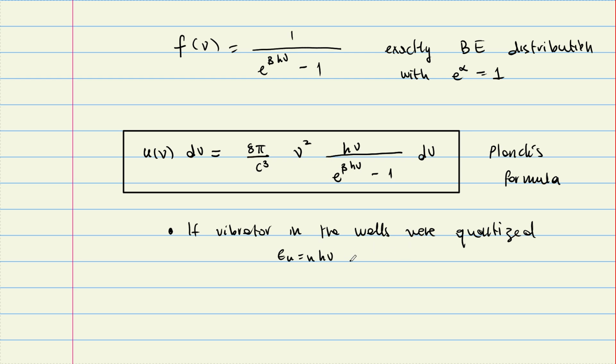We would also have n plus a half. There is this zero point energy, right? That's a mistake. And if you include this zero point energy, you are not going to find this formula. So that's the first thing.